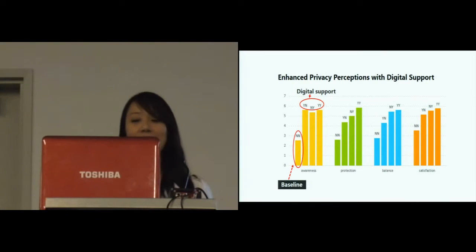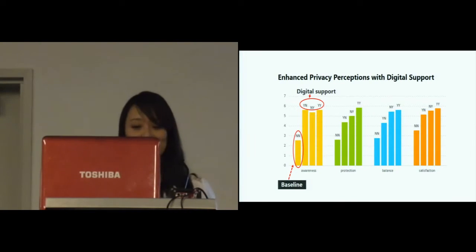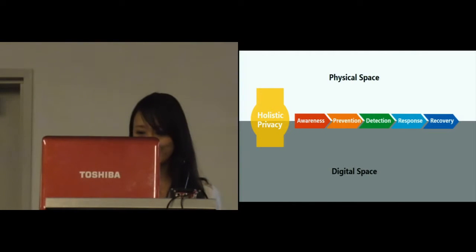With the support of the digital system, participants reported significantly higher perceived awareness, easiness to hide the information, more balance between work and privacy, and overall satisfaction. Notification was thought to help promote awareness, while protection was seen as an extension, substitute, or alleviator of socially awkward physical measures.